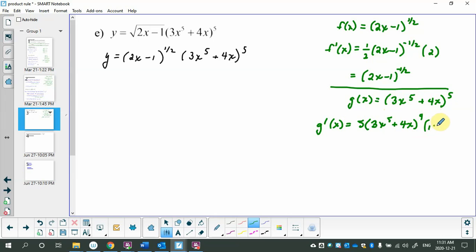So that's 15x to the 4 plus 4, x to the 0. And I don't have any monomials, but I can stop. Because when I took the derivative of this, it was a 2-piecer, a binomial, as opposed to a 1-piecer, a monomial, that means you have to wrap it in a bracket.